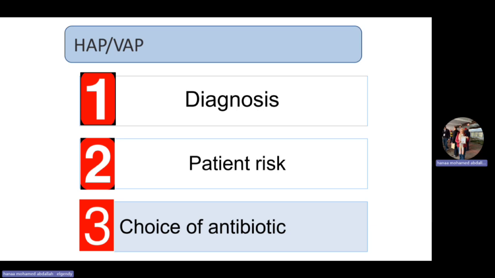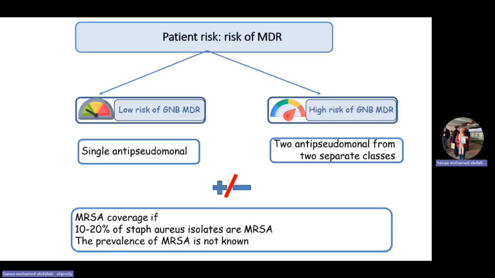How to choose the antibiotic for the patients? A very important point during management of those patients. For the patient at low risk of MDR, we can go for a single antibiotic, plus or minus coverage of MRSA according to the risk factors or if the prevalence of MRSA is not known.